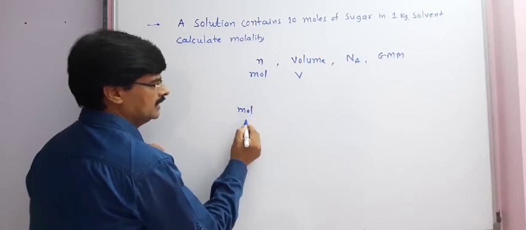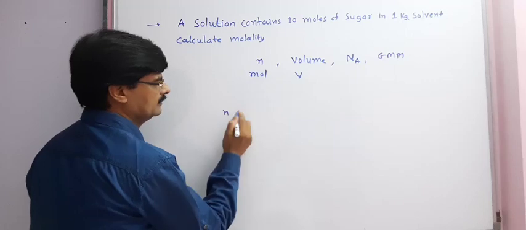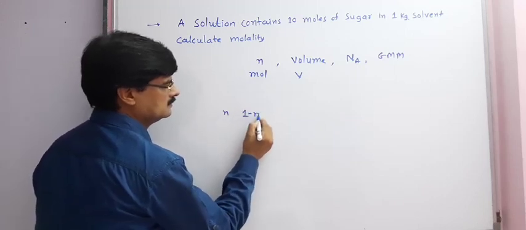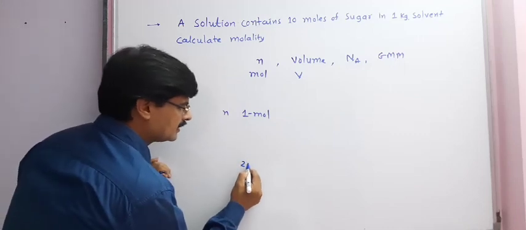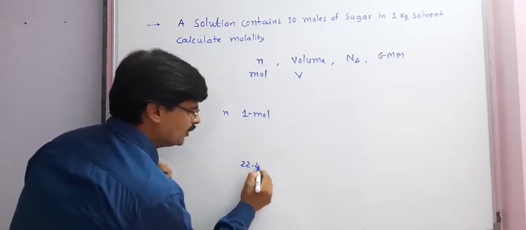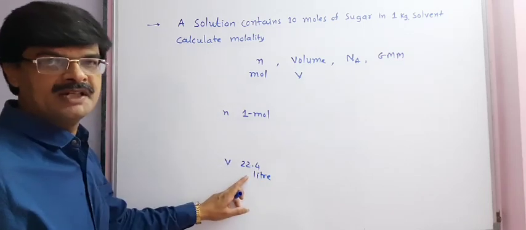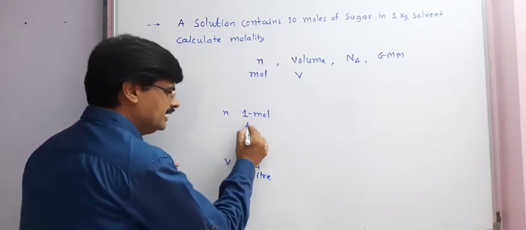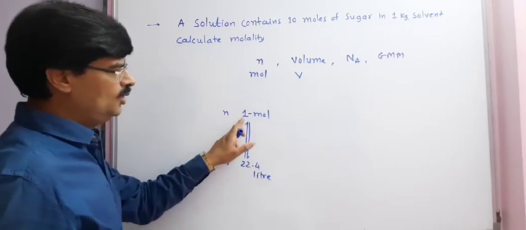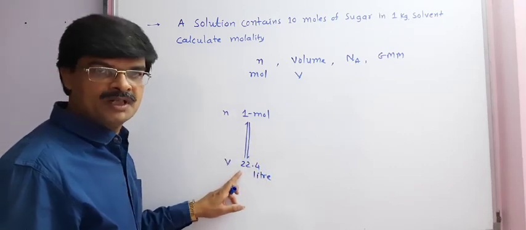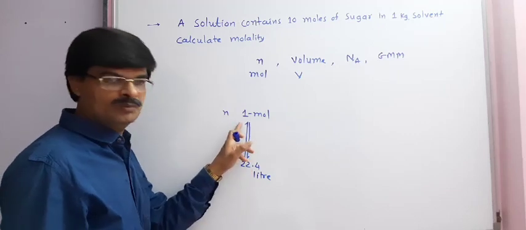Mole N is equal to 1 mole, then volume is equal to 22.4 liter. They are related with each other. 1 mole is equal to 22.4 liter. Vice versa, 22.4 liter is equal to 1 mole.